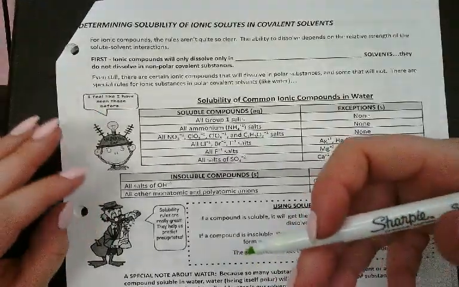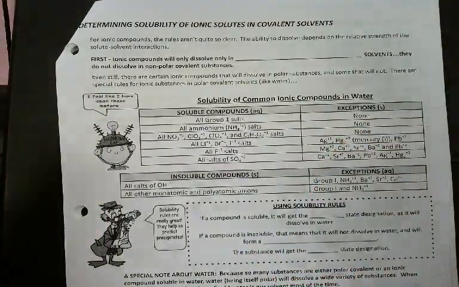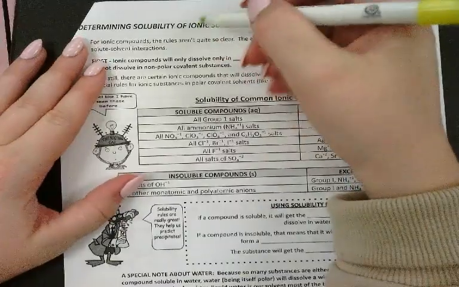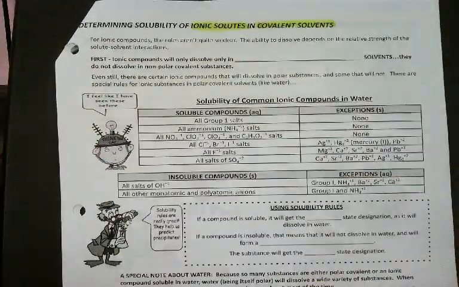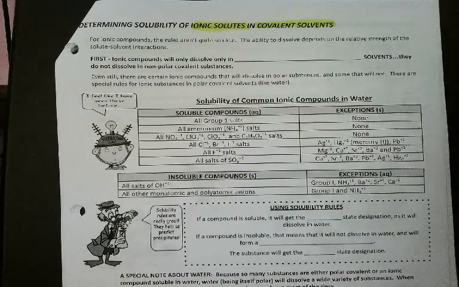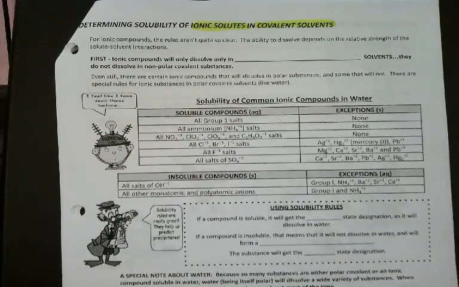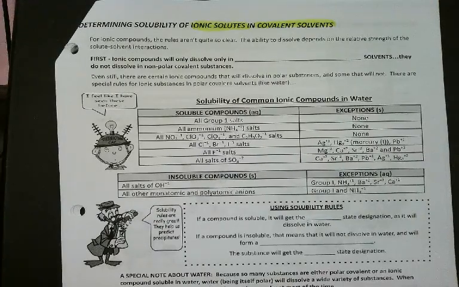This next page really should be a full review. It's determining the solubility of ionic solutes in covalent solvents. So, for ionic compounds, the rules aren't quite so clear. The ability to dissolve depends on the relative strength of the solute-solvent interaction.